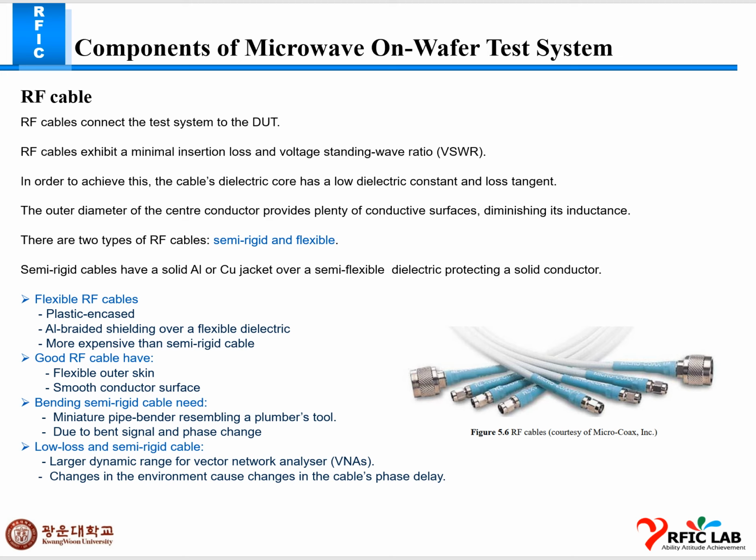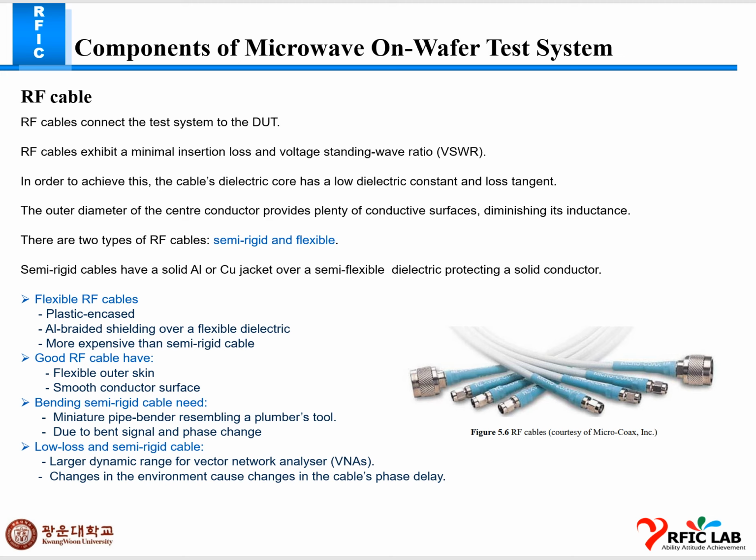The outer diameter of the center conductor provides plenty of conductive surface. There are two types of RF cables, semi-rigid and flexible. The semi-rigid cable has a solid Al and Cu jacket over a semi-flexible dielectric protecting the solid conductor.